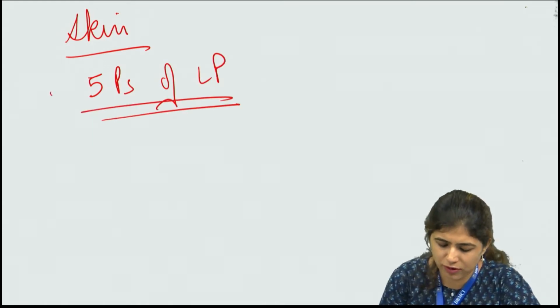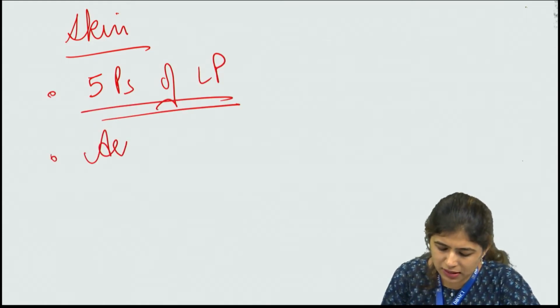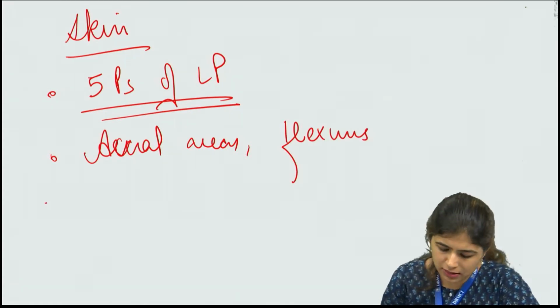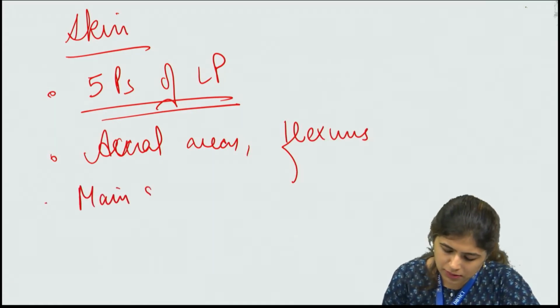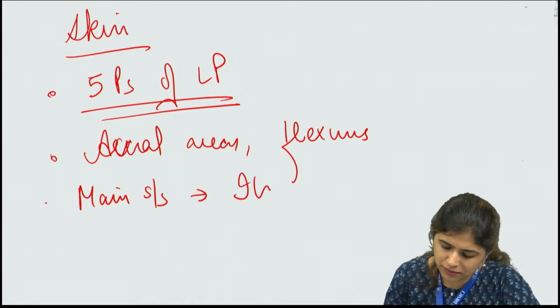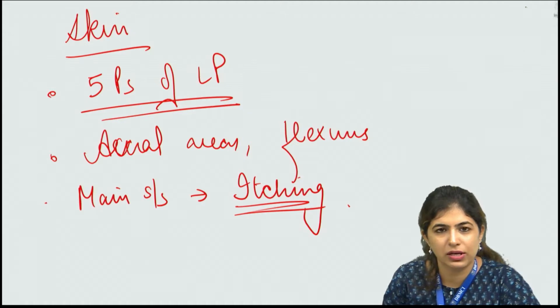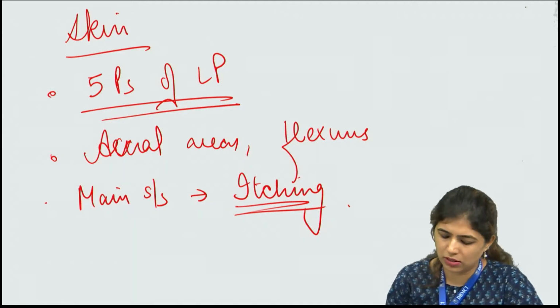That is what you have to remember. Then the sites are the acral areas and the flexures mainly. Main symptom is itching. Intense itching, classical of lichen planus. Alright?